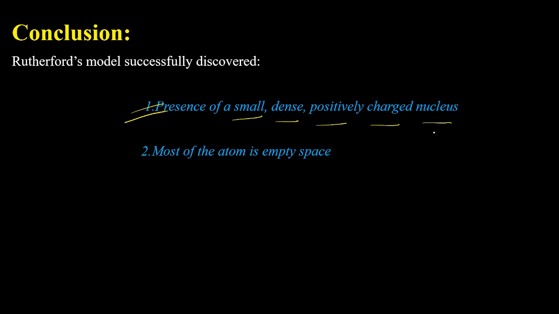One is the positively charged nucleus inside an atom. All the mass of the atom is dense or centered inside the atom, and it is very small in comparison to the size of the whole atom. And most of the atom is empty, right?